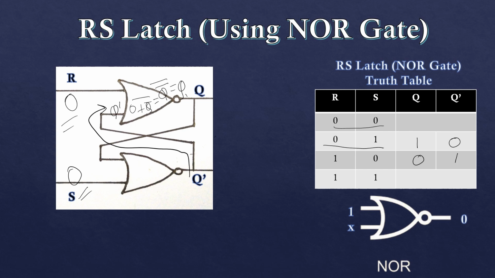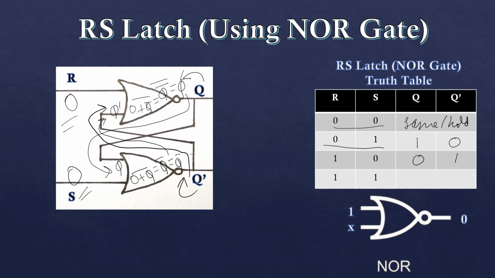Now we got the Q value, and this Q value will come here. So 0 plus Q, whole bar, is Q bar itself. Now this Q bar will once again go to the first gate. The output is balanced, the same Q bar is going on. So from Q we got Q itself, and from Q bar we got Q bar itself. What we observe here is the same output as the previous. So I will write, when we have the 0 and 0 combination, the output is same or hold.